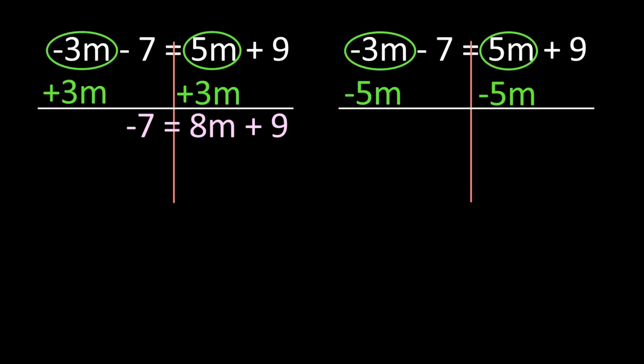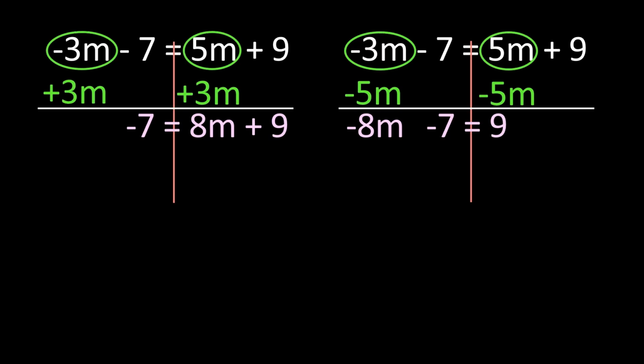Negative 3m minus 5m is negative 8m minus 7 equals 5m minus 5m is 0m plus the 9. So now I have negative 8m minus 7 equals 9. And at this point, your equations that you're going to be solving look a little bit different, but you'll still get to the same answer.